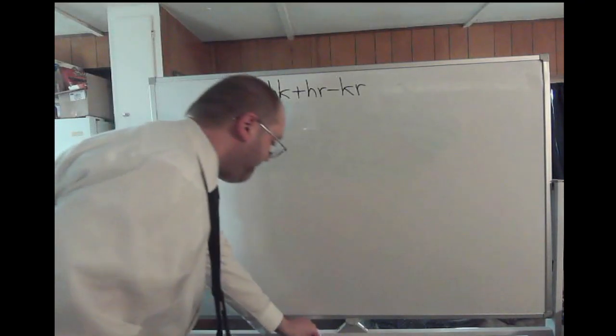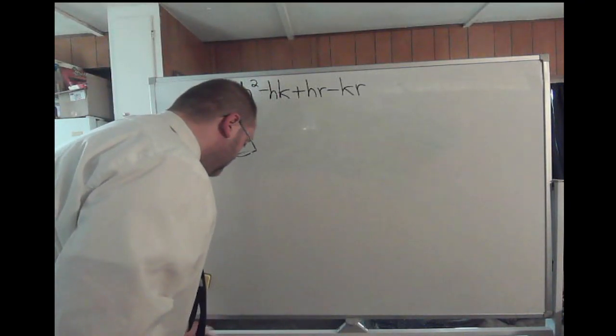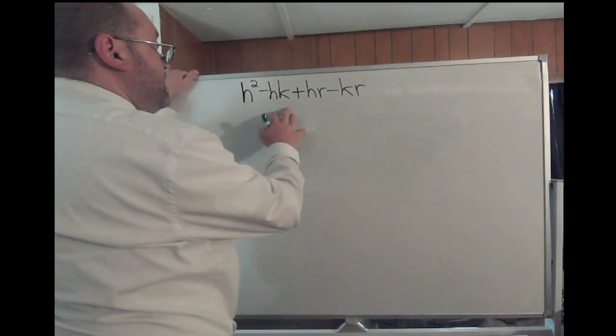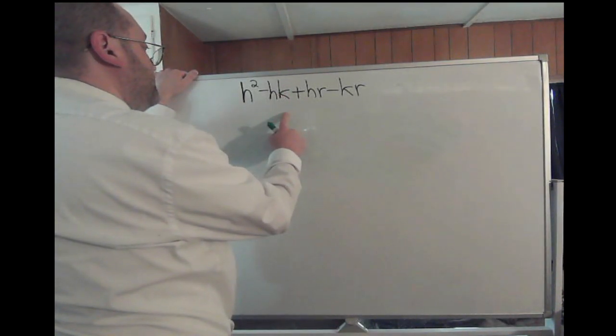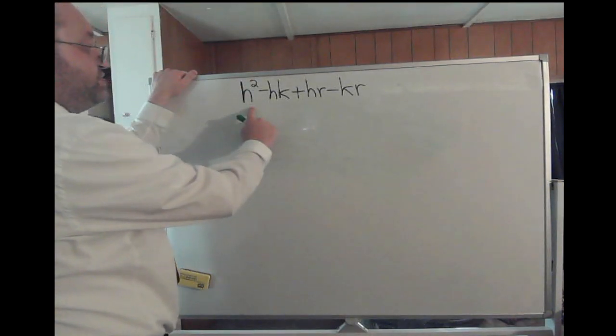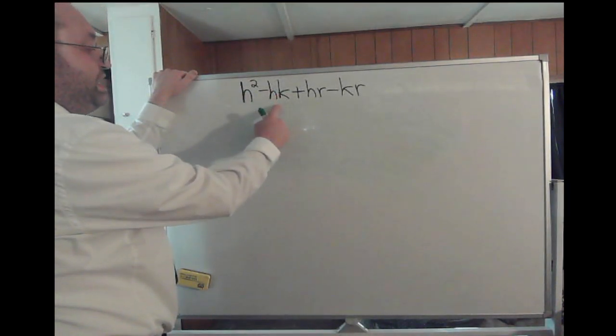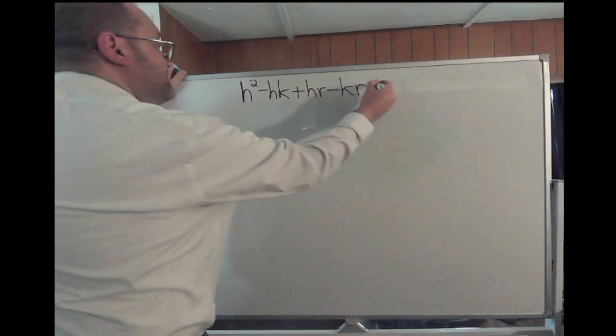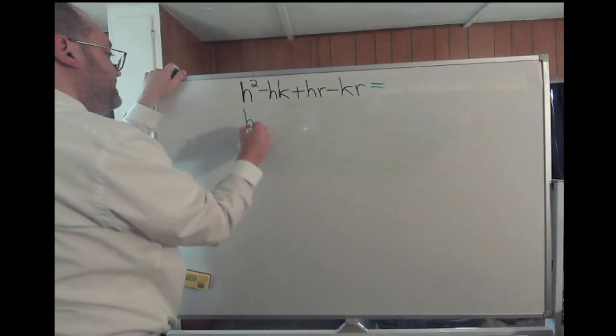Okay. Looks like we're going to split these into two groups of terms again, because between the first two terms, h squared and negative hk, you have a common h. So let's go ahead and factor out that common h.